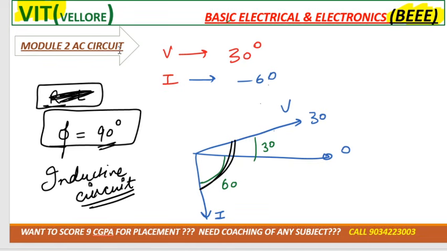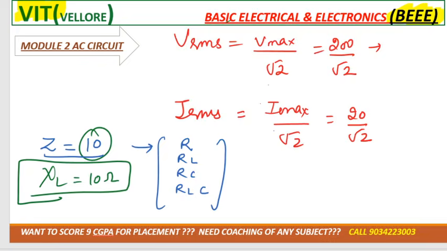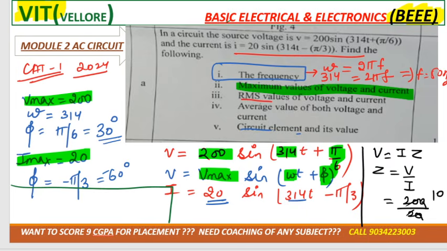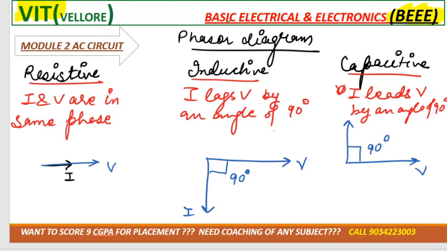Similarly, you can obtain any of the values. Suppose we get phi equal to 60 degree, then that would be the combination of R and L. Okay, so you have to see which thing is leading. Accordingly, you can decide which element it is. So they said circuit element is L, and you got XL, right?